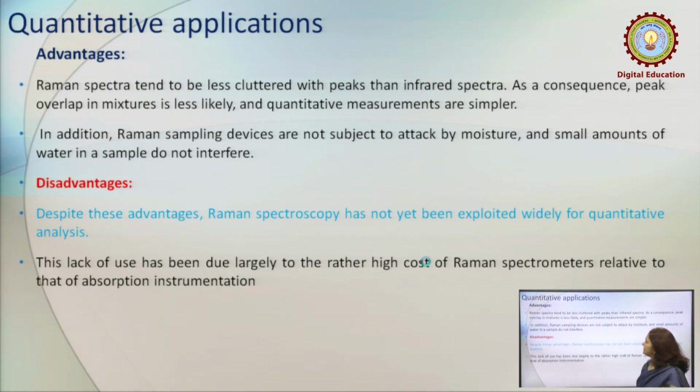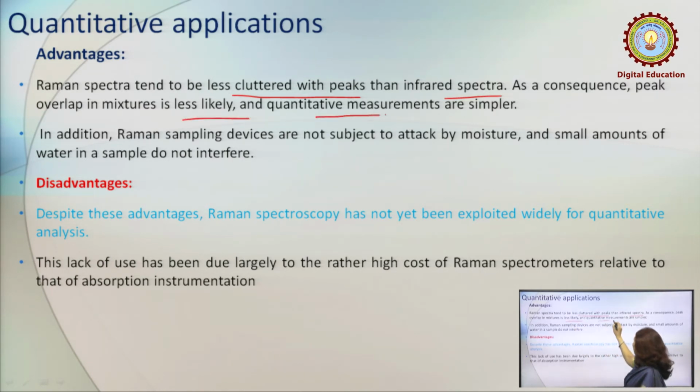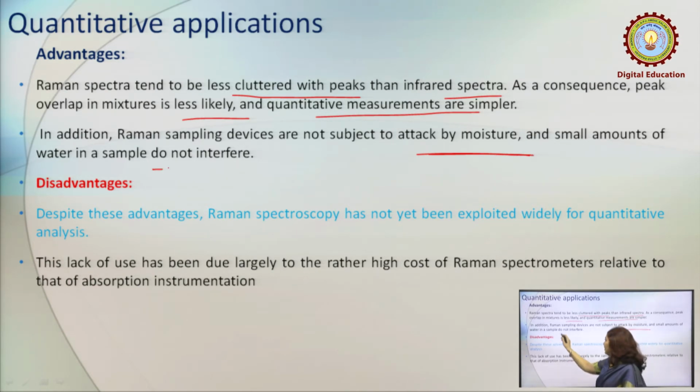In quantitative application, Raman spectra tend to be less cluttered with peaks than IR spectra, as a consequence of which peak overlap in a mixture is less likely and quantitative measurements are simpler. In addition, Raman sampling devices are not subject to attack by moisture. It is a main advantage, and a small amount of water does not interfere.